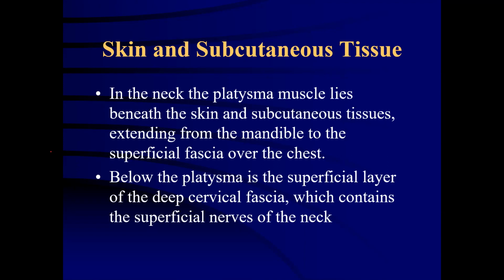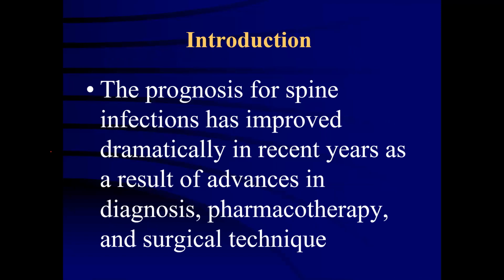Below the platysma is the superficial layer of the deep cervical fascia, which contains the superficial nerves of the neck. The prognosis for spine infections has improved dramatically in recent years as a result of advances in the diagnosis, pharmacotherapy and surgical treatment.